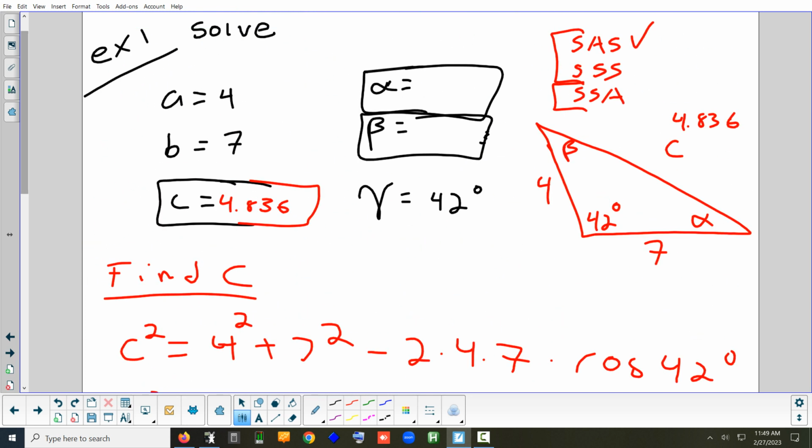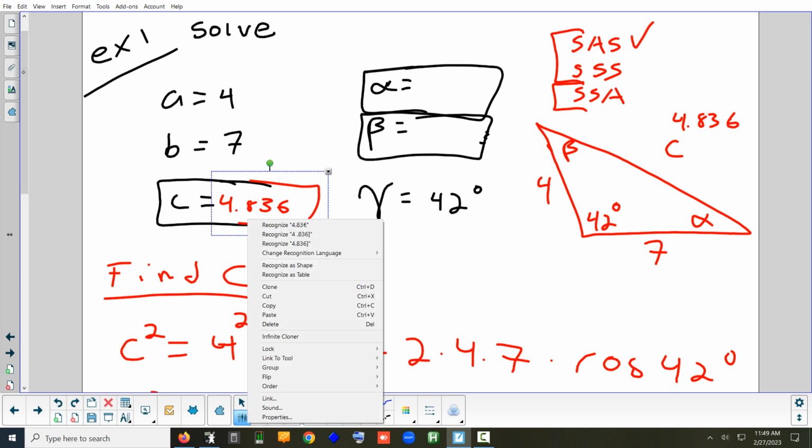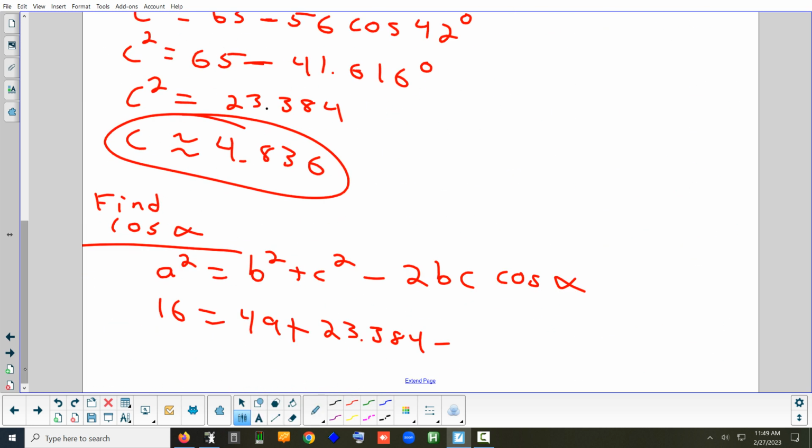What's 2 times 7? 14. Now I need 14 times 4.836. 67.704. Because we rounded our answer anyway. Okay, and then cosine alpha.